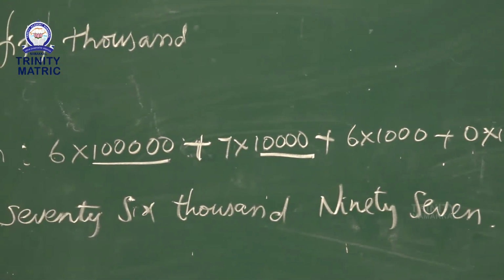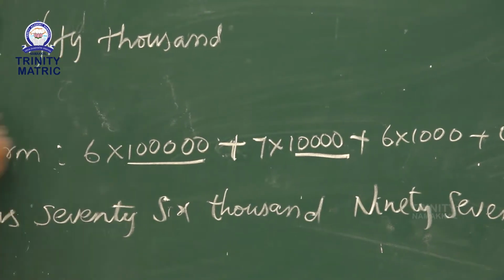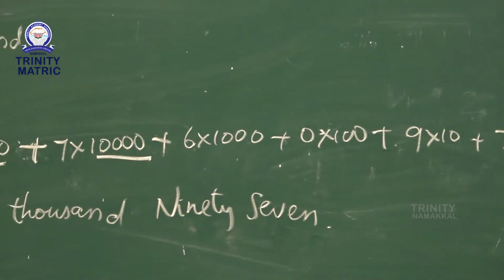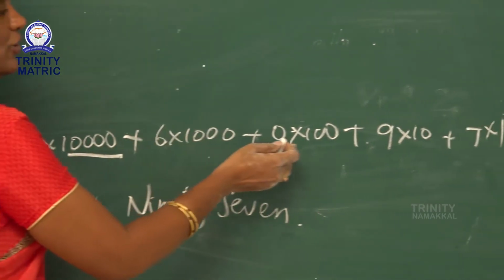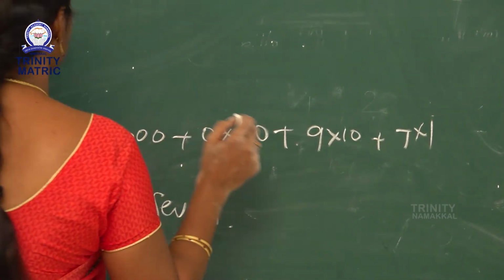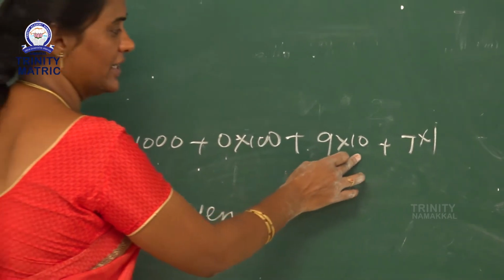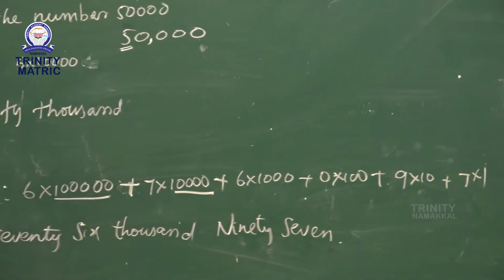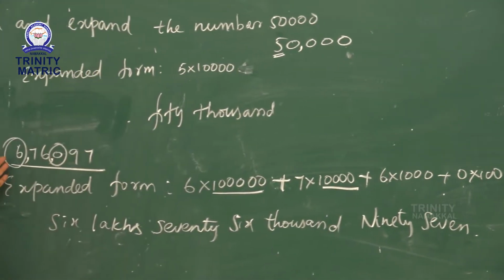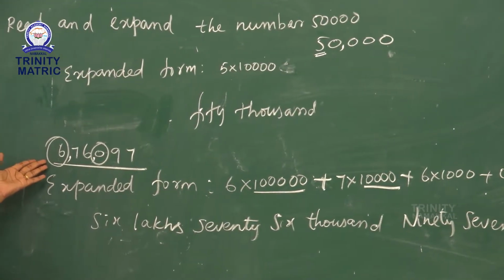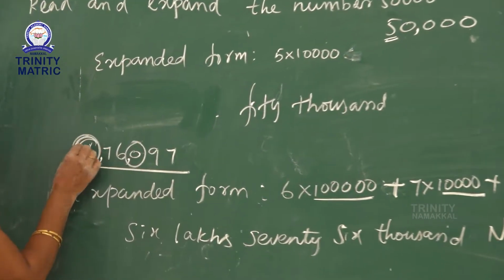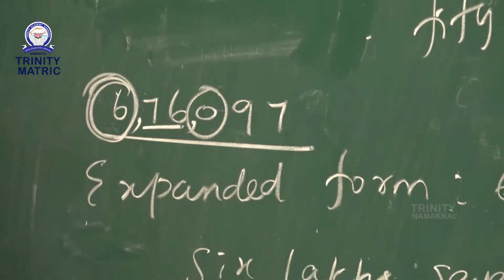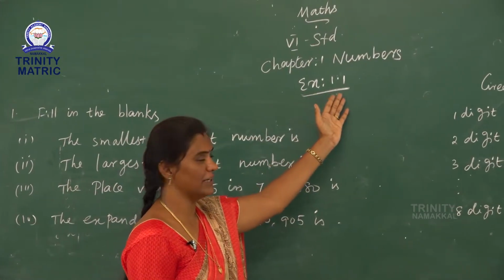Then 6 is in the place of 1,000, so we write plus 6 into 1,000, plus 0 is in the place of 100, so 0 into 100, plus 9 is in the place of 10, so 9 into 10, plus 7 is in the place of 1, so 7 into 1. Now how to read this number? That is 6,76,097.